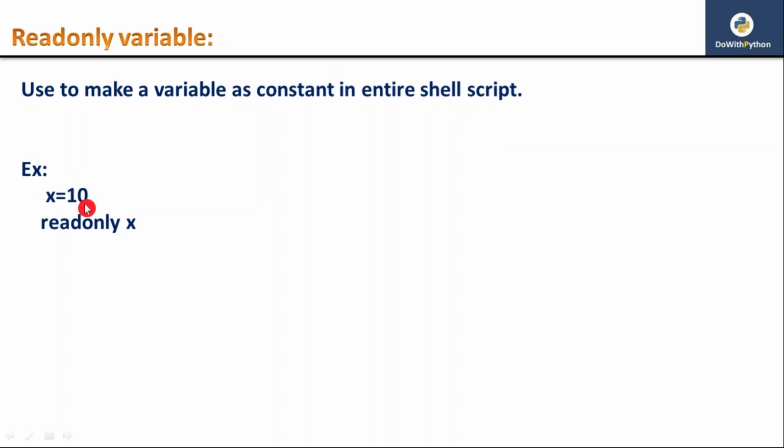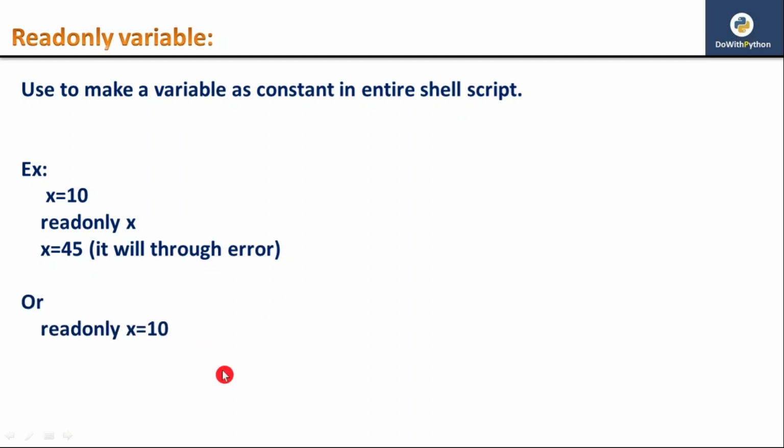After defining your variable value, you can do readonly x. Once you define your variable as readonly x, if you try to assign some value to it, like x equals 45, it will throw an error. We will see that. This is one way. Or directly while declaring your variable as readonly, you can define its value like this: readonly x=10.